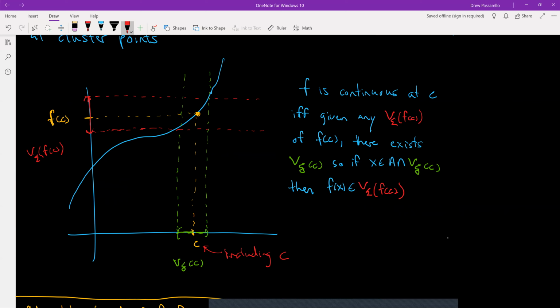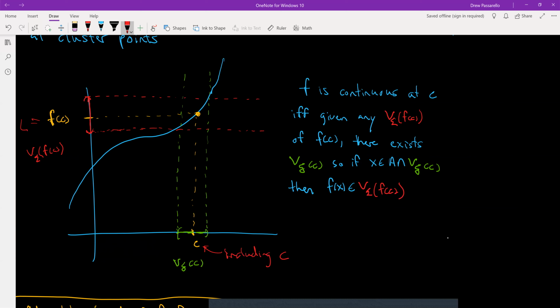And so f is continuous at c if and only if, given any epsilon neighborhood of f of c, in this case, where instead of L for the limit, it's going to be f of c in place of L. So we have an epsilon neighborhood around f of c.